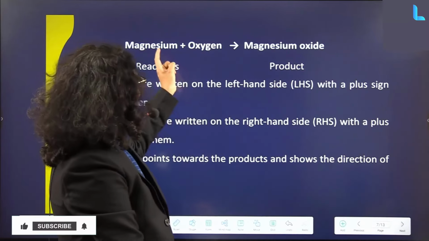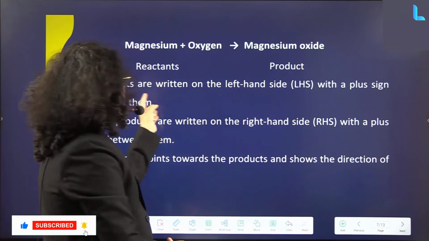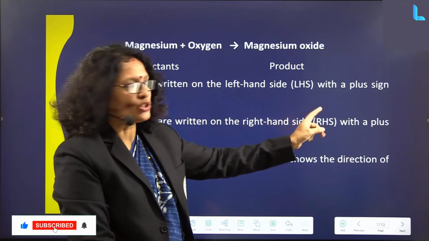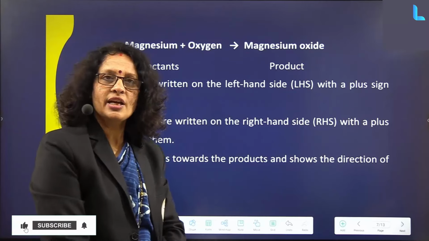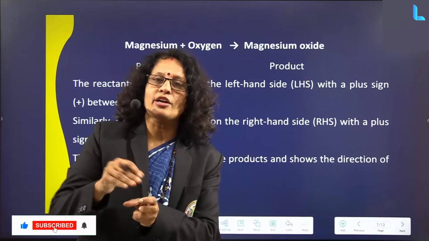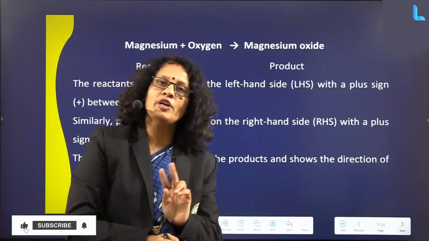The reaction is: magnesium plus oxygen gives magnesium oxide. The reactants are written on the left hand side, LHS, with a plus sign between them. If more than one reactant is there, we have to write a plus sign, because we keep adding those reactants to each other to form a new product. The product can also be one or two.